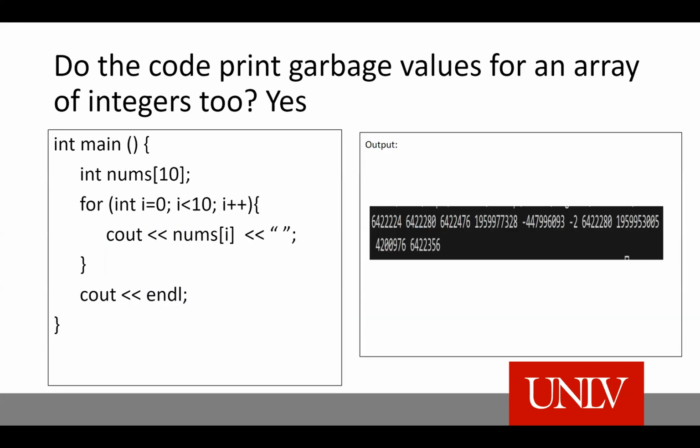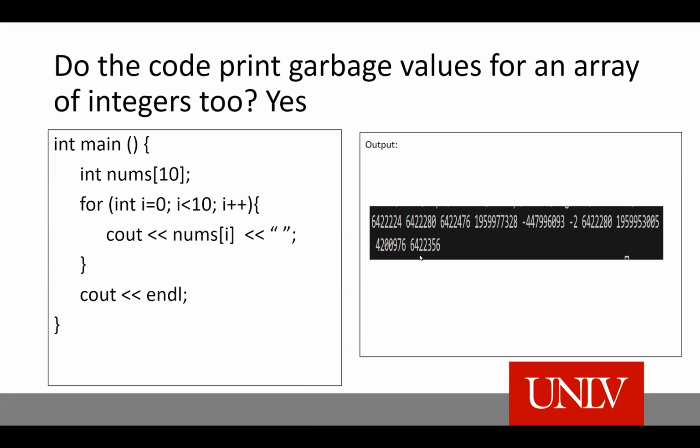Now, the question is, how does this impact my arrays? Let's say I'm creating an array of integer type with 10 elements, and I'm not initializing the array, I'm simply declaring it. Now, if I try to print all the array elements, I have 10 components in this array, and all 10 are garbage values.